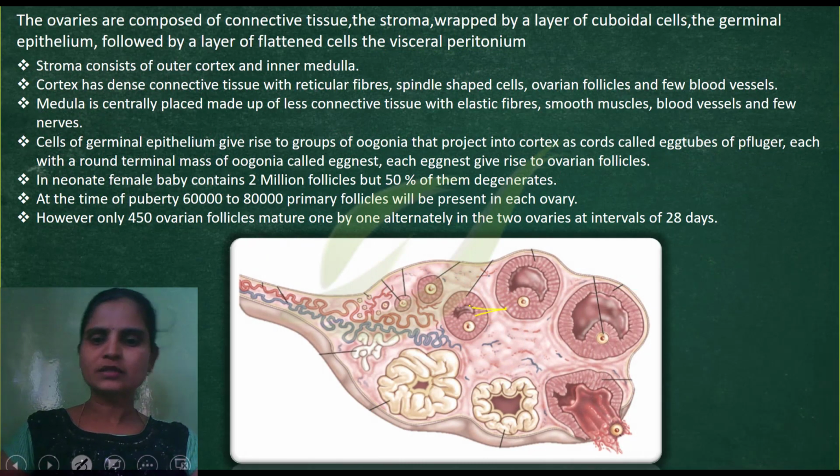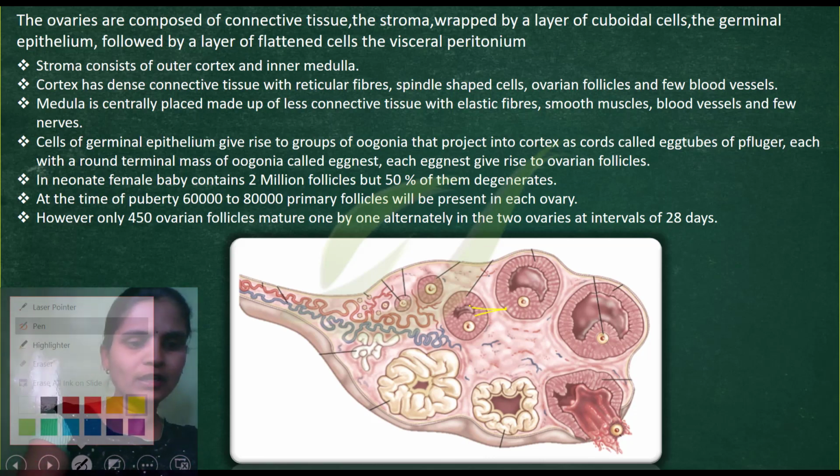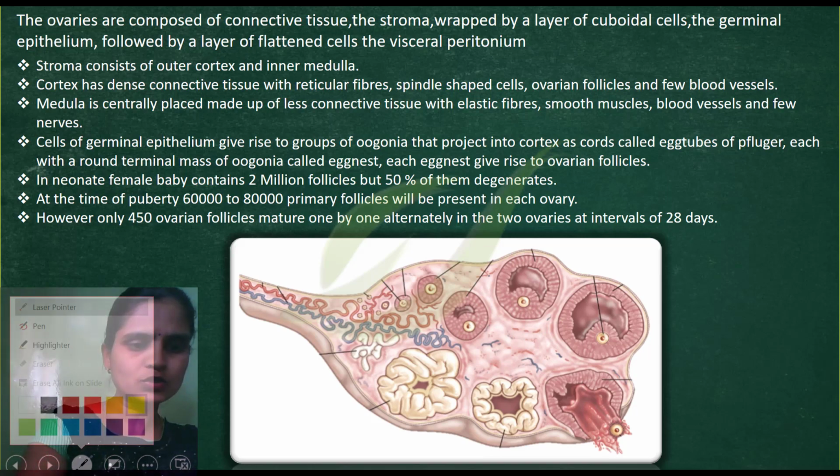If you look at the structure of a single ovary, it consists of connective tissue. This connective tissue, present completely inside, is called the stroma.